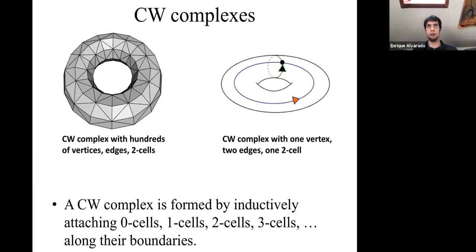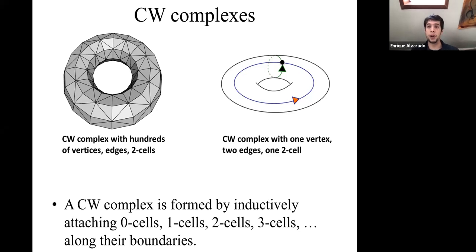Like what was mentioned before, there's a lot of different ways that you can describe manifold-like objects as CW complexes. If you have your torus, you can describe it as a CW complex with 100 vertices, 100 edges, and 100 two cells, which are the triangles on the left. Or you could describe it in a completely different way.